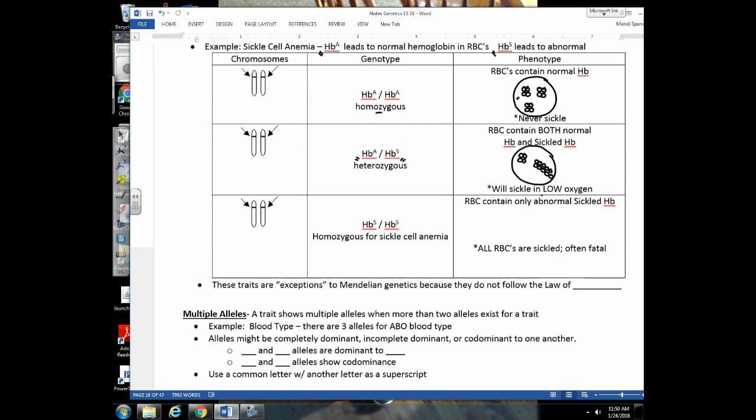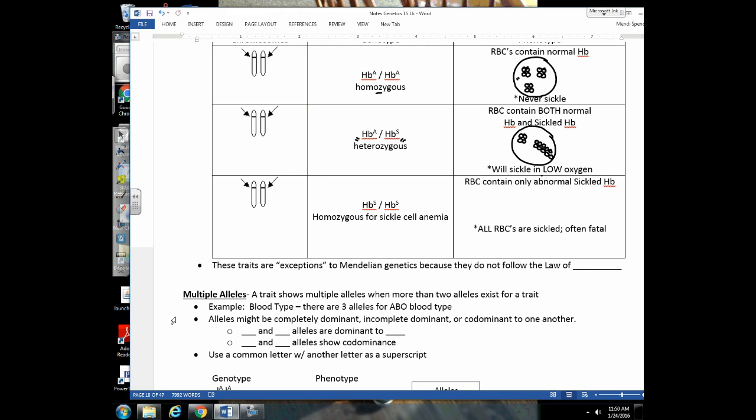If an individual is homozygous for sickle cell anemia, then all we see inside of the red blood cells is hemoglobin that becomes clumped. Whether there's plenty of oxygen or low oxygen, it's all like this. And this red blood cell is always going to look like that.